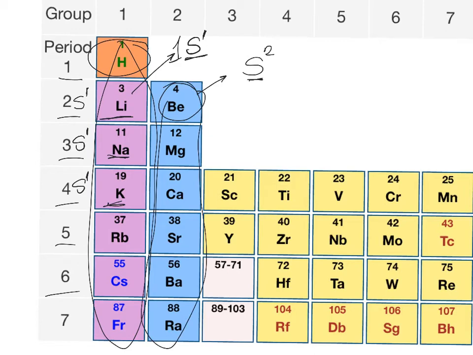No. The difference is the number in front of the letter, because they have different levels of energy. For example, beryllium, the ending is going to be 2s2. Magnesium is going to be 3s2. Calcium is going to be 4s2. Do you see the pattern in there?